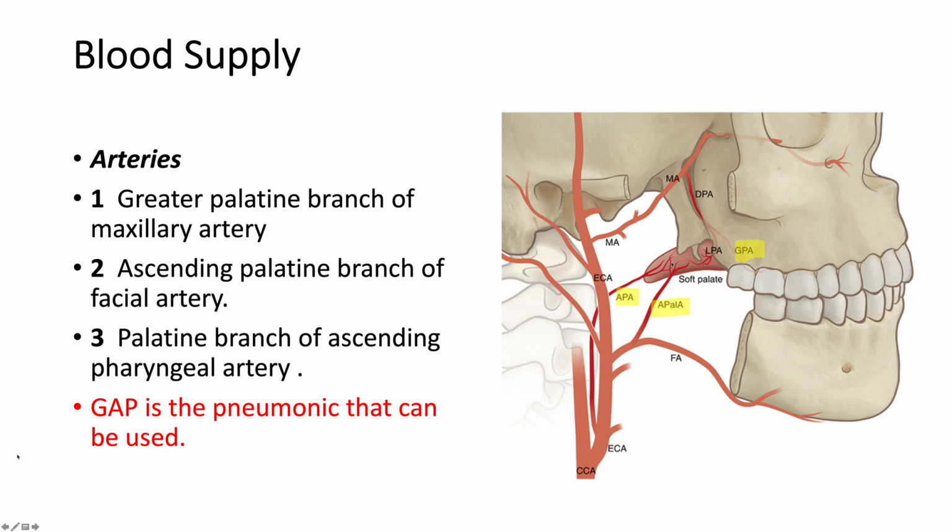So we have ascending palatine artery. And then we have ascending pharyngeal artery, which also has a palatine branch. Okay, let's repeat. Greater palatine artery, ascending palatine artery, and palatine branch of ascending pharyngeal artery.